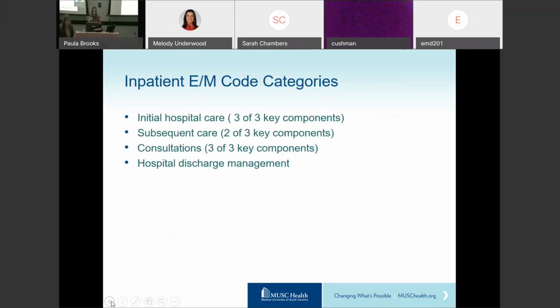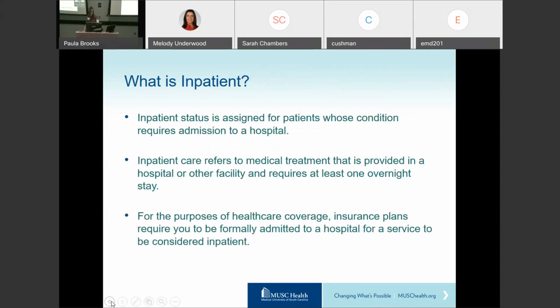Okay, the inpatient codes. Let's talk about first, what does inpatient mean? Inpatient status is assigned for patients whose condition requires admission to a hospital.